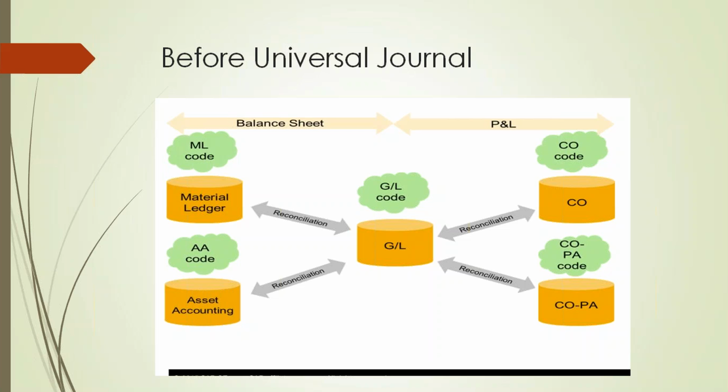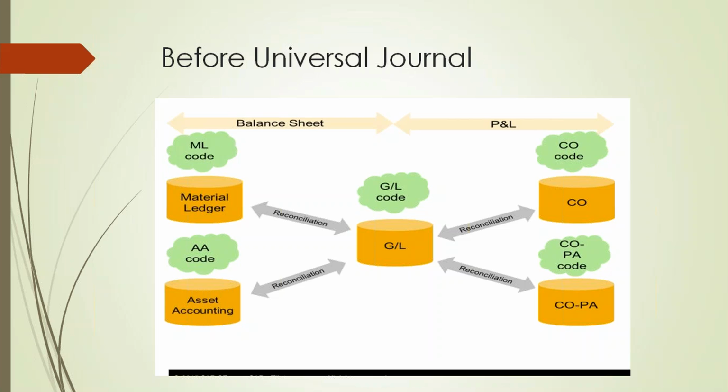Many times we came across situations where the balances in controlling did not match the balances in GL, and we needed to reconcile all these transactions. We needed to find the differences and pass adjustment entries, and it hampers the closing process.